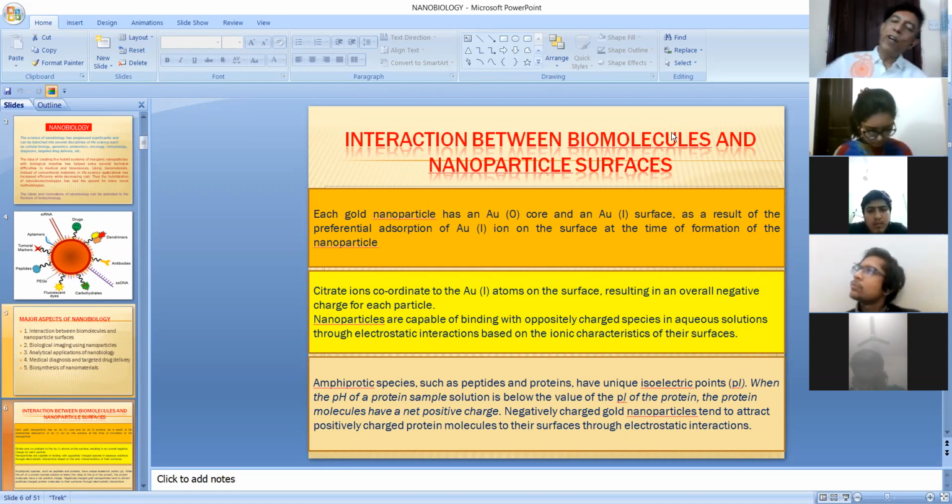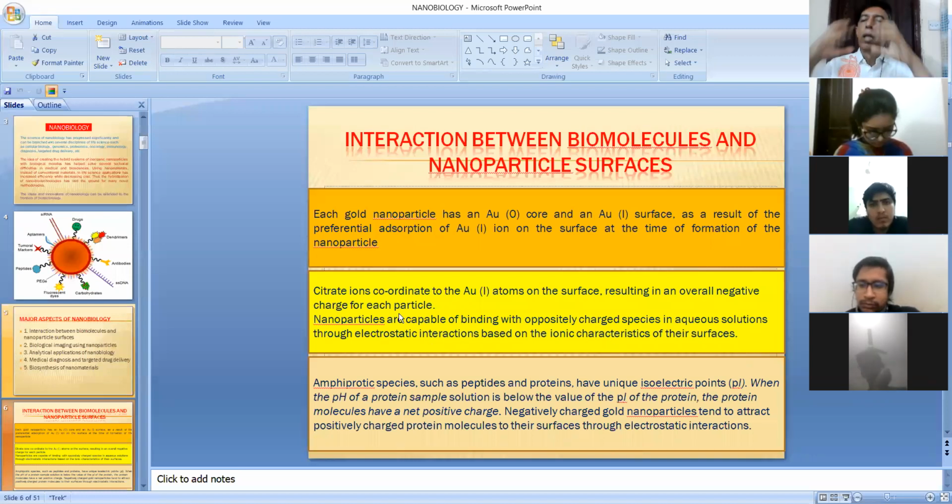And if I now treat this protein with this above gold citrate complex, which is negatively charged, then the protein will attract the gold citrate complex to make a gold protein nanoparticle. This is the interaction between biomolecule and nanoparticle surfaces.